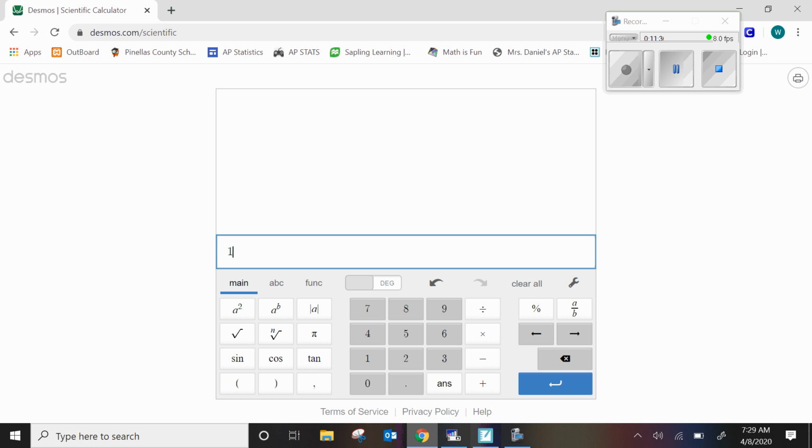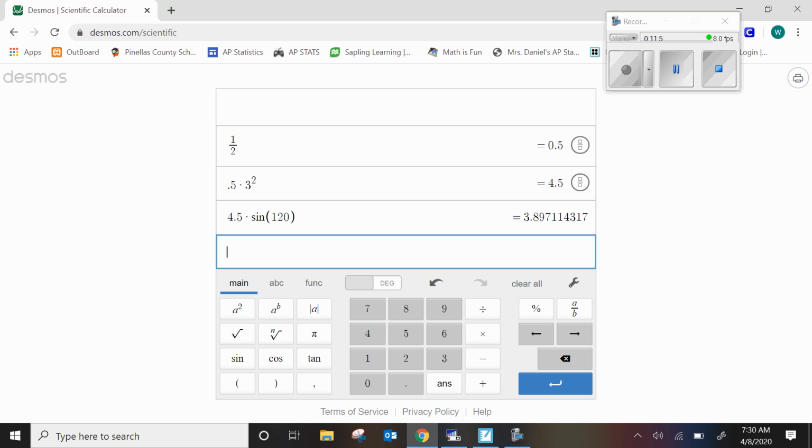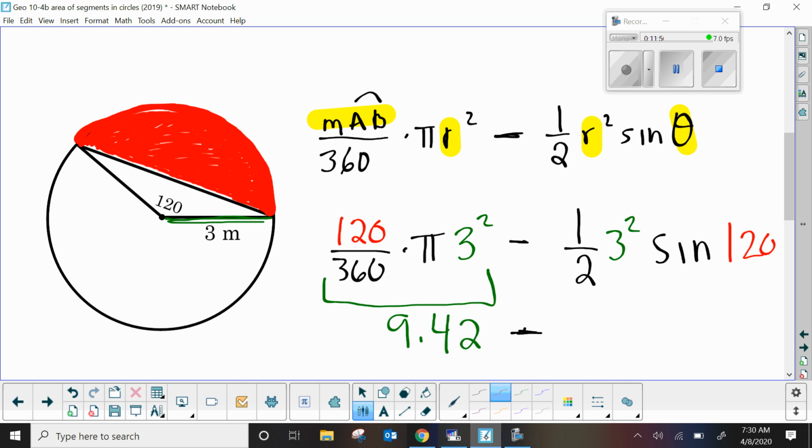So 1 divided by 2, enter, 0.5. 0.5 times 3 squared. That's 4.5. And 4.5 times sine of 120, and I get 3.897. So this part right here is 3.897.